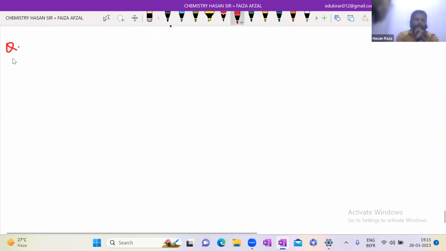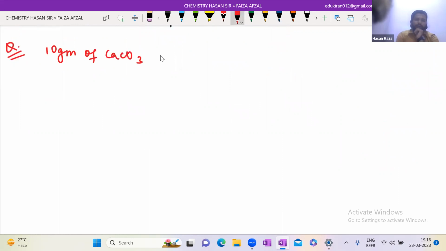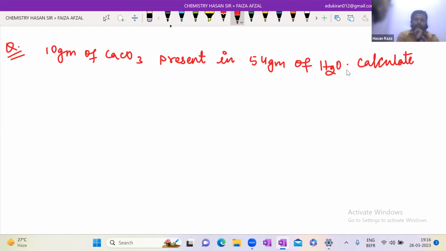Okay. Now come to the main point. We are going to write 10 gram of CaCO3 present in 54 gram of H2O. Calculate the mole fraction of each component.